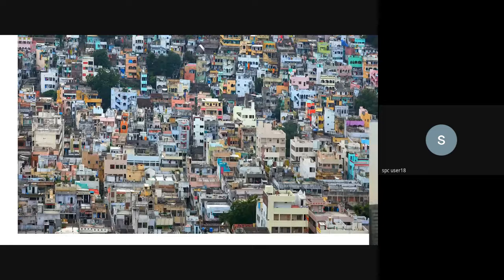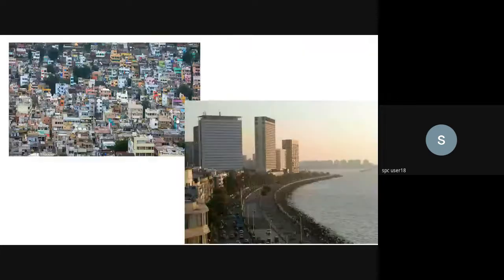The father passes on the plot to two brothers, who split it amongst themselves, and then it starts growing vertically over a period of time. You'll see many narrow buildings, one here, another one here, and the other ones are also significantly narrow. That's another pattern we would see in a developing country like India.